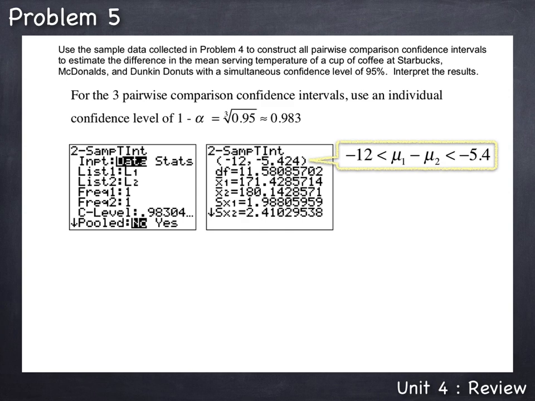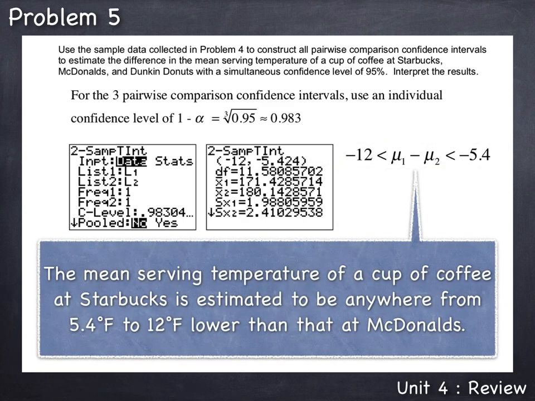So here's one way we can give this interpretation in words. The mean serving temperature of a cup of coffee at Starbucks is estimated to be anywhere from 5.4 degrees Fahrenheit to 12 degrees Fahrenheit lower than that at McDonald's. So here we've interpreted and calculated our first pairwise comparison confidence interval.